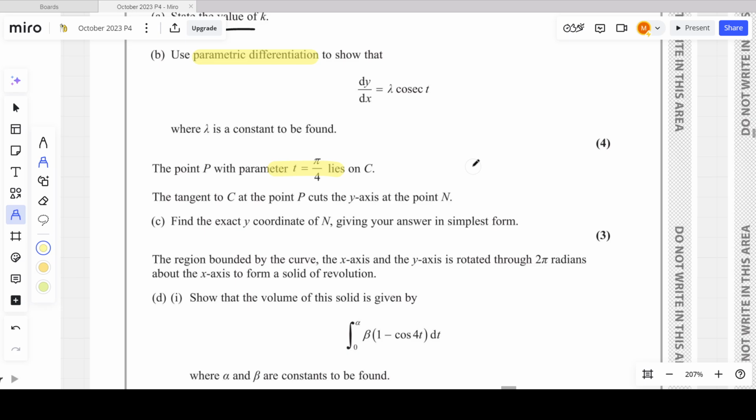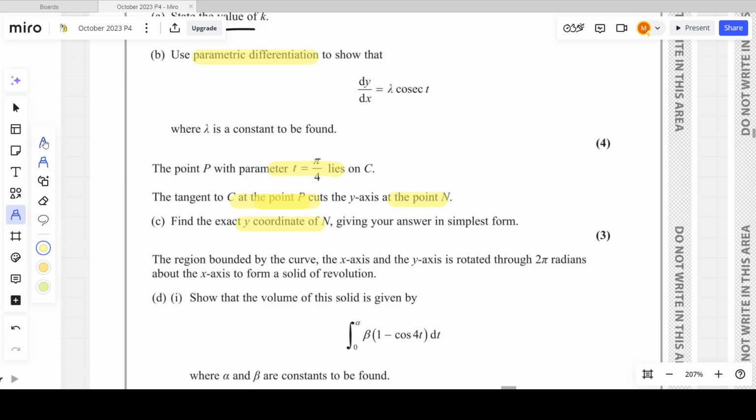Using that parameter, we can find the value for x and y, that is the x and y coordinate of point P. The tangent to C at the point P cuts the y-axis at the point N. So now they asked, find the exact y coordinate of N, giving your answer in the simplest form.